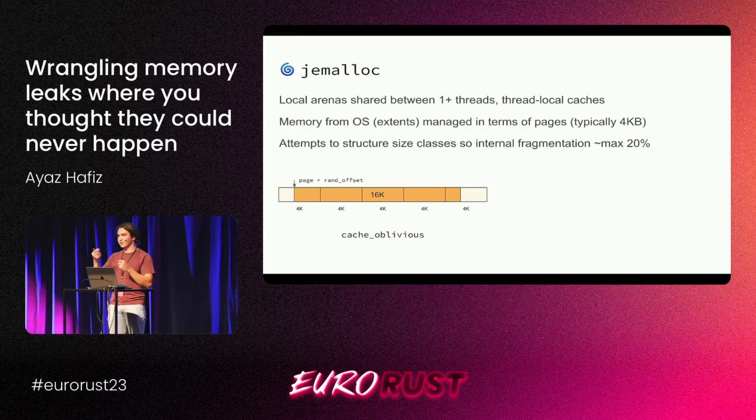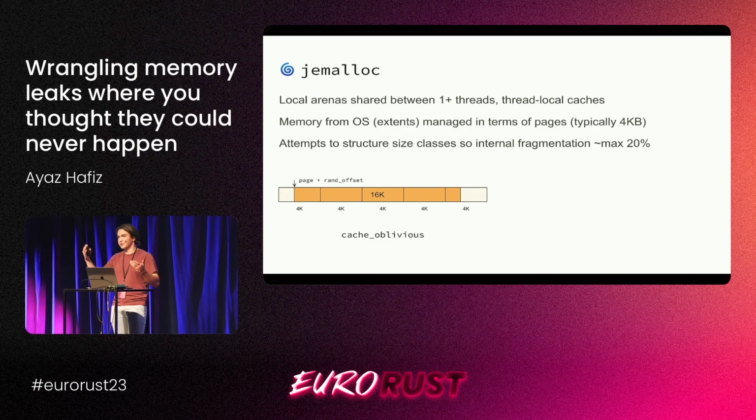Because the CPU has some kind of mapping from a memory address to a cache line, and depending on the computer that you're using, the mapping algorithm can be quite different, right? So what jemalloc does is it says, okay, I don't know what the mapping algorithm is exactly, but I'm going to try to make sure that large allocations that I have map as uniformly as possible to all the cache lines.